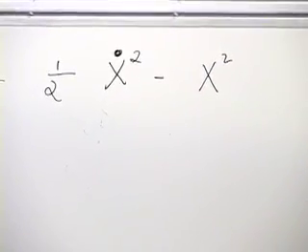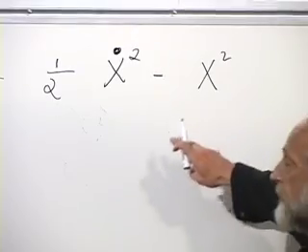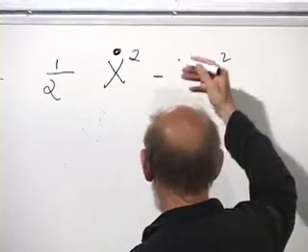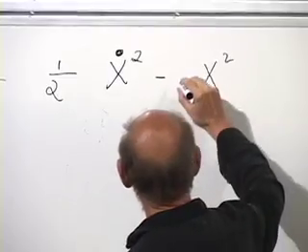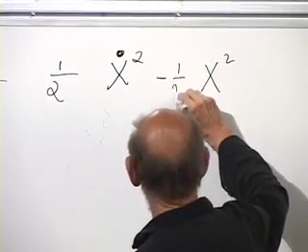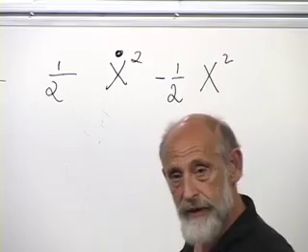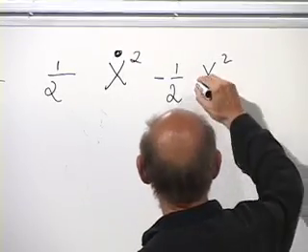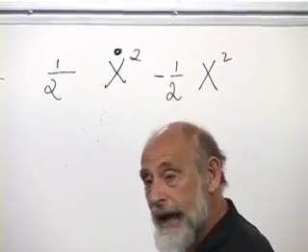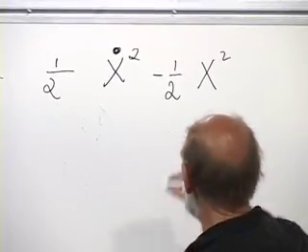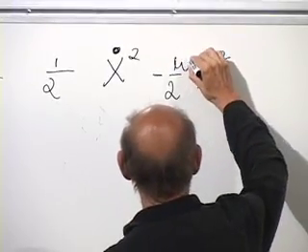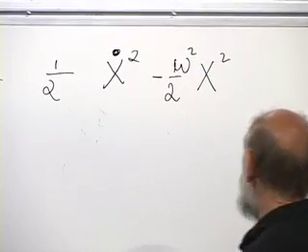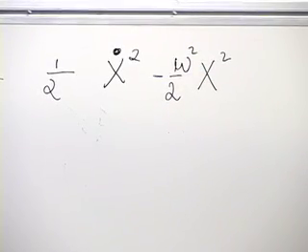The coefficient in front of x squared we can name anything we want, but the standard is to put a factor of a half there, and then the spring constant k, but I'm going to call the spring constant omega squared. Omega is, in fact, the frequency of the oscillator. This is the Lagrangian.